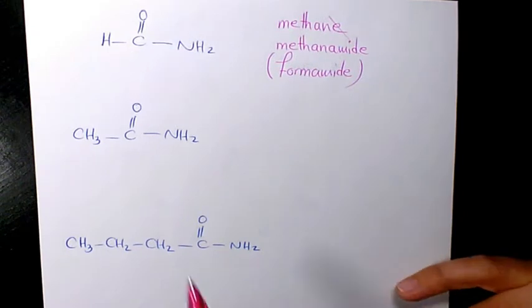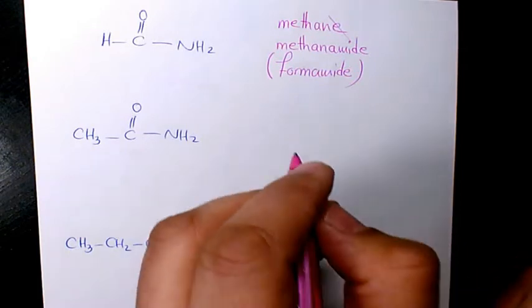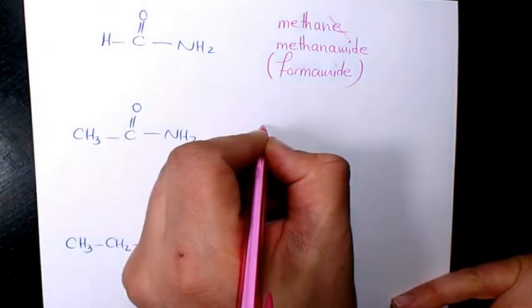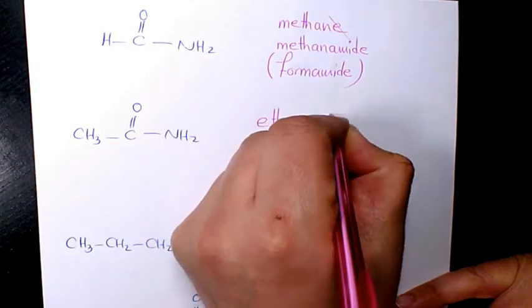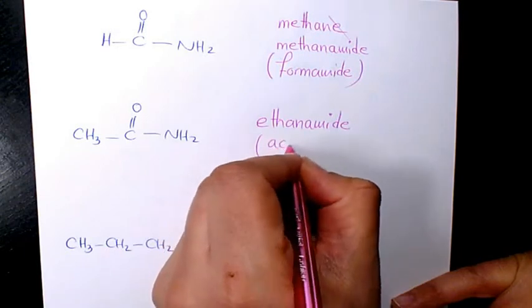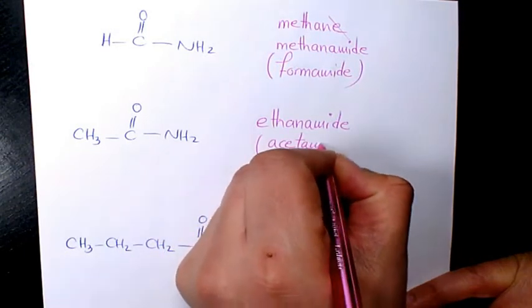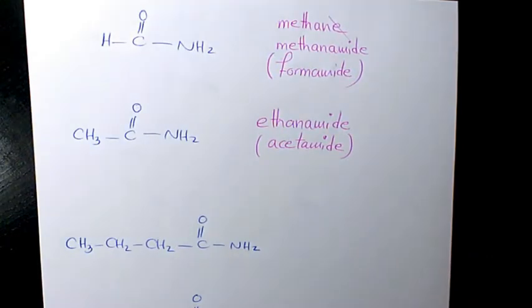Next one, we have two carbon atoms, and as you see here, it's coming from ethane, so we call it ethanamide. Or you can also call it acetamide. That's common as well.